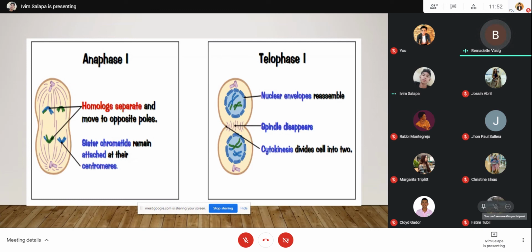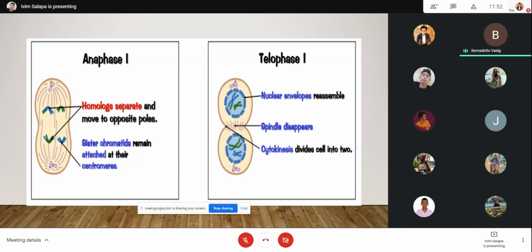Hello, Mr. Salapa. For your assignment, number 1, discuss the detailed process of synapsis and crossing over. Katong naas book ni Hartwell, itong molecular approach. Ganahan ko makakita ato.